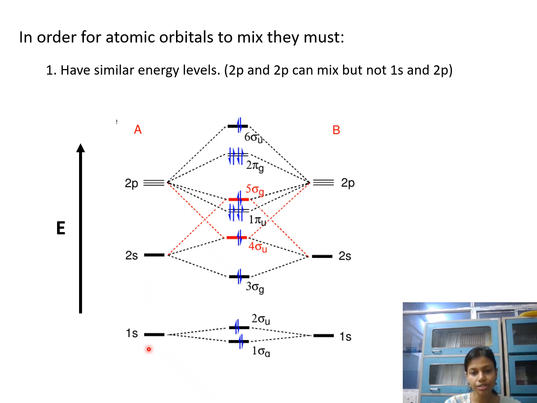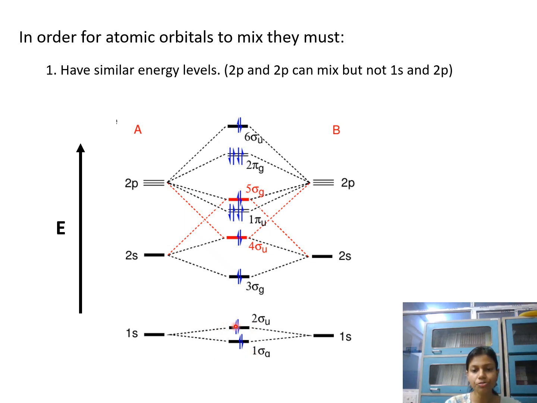So the lowest energy will come in the lowest position, then accordingly with increasing energy the other orbitals will be placed. Now, the 1s orbital of atom A and the 1s orbital of atom B have the same energy, so they are fulfilling this criterion. That's why these two orbitals can overlap and form molecular orbitals, a bonding as well as an anti-bonding molecular orbital.